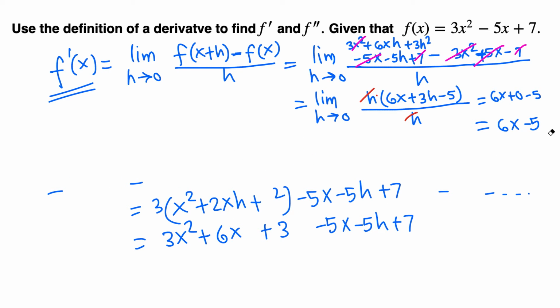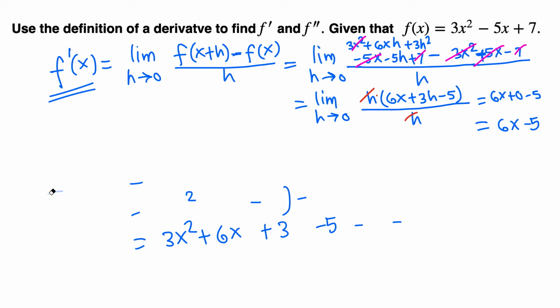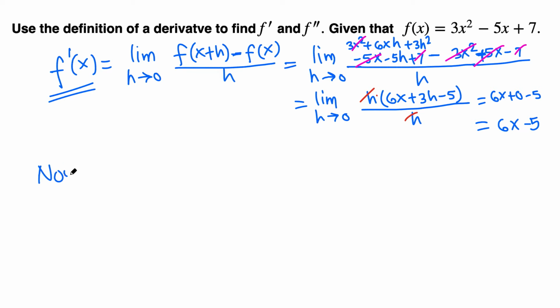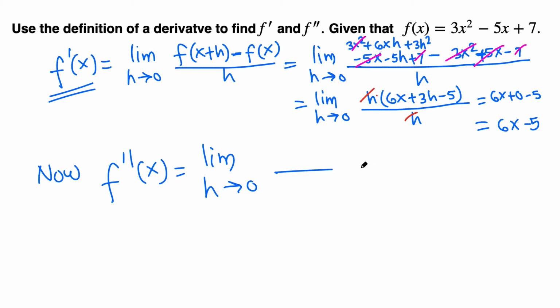That means now we need to take this function and find its derivative using the same formula, and that's how we get the second derivative. This is f prime. Now the second derivative is just the limit as h goes to 0 of this formula over h.